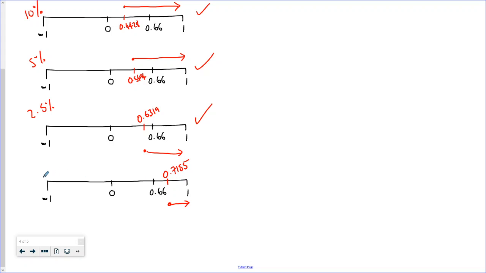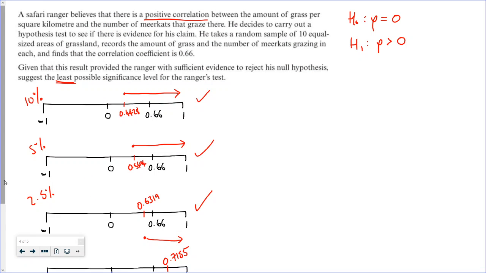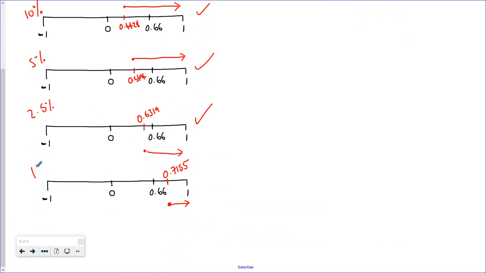So we've got a problem here. At the 1% significance level, we're not in the rejection region, we're not in that critical region. So the lowest value of the significance level for which we can reject H0 is 2.5%, because 1% doesn't work. So that's why we get our answer of 2.5%.